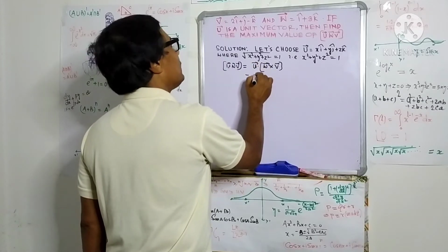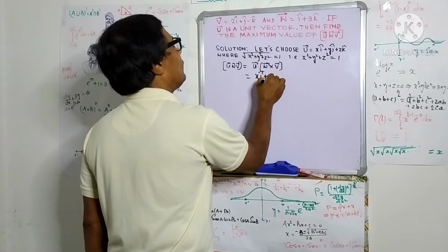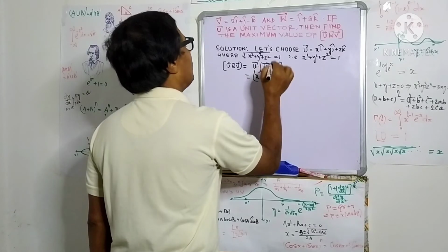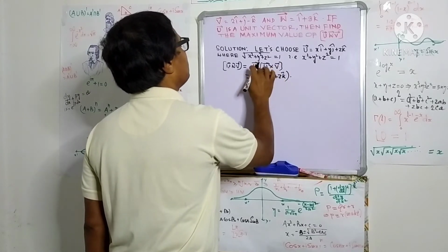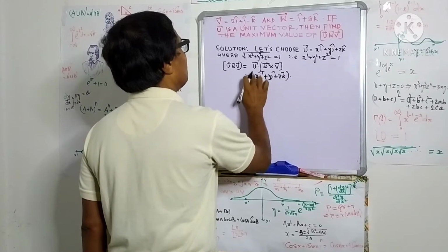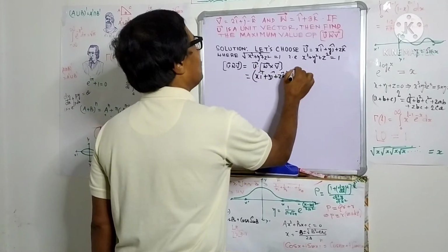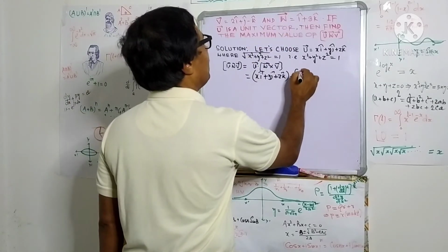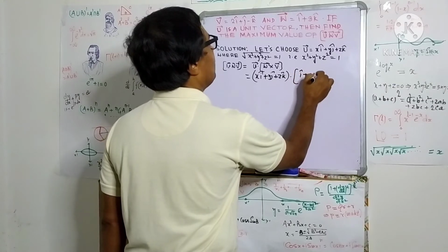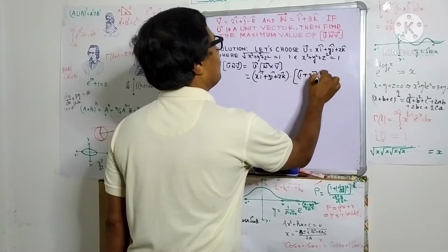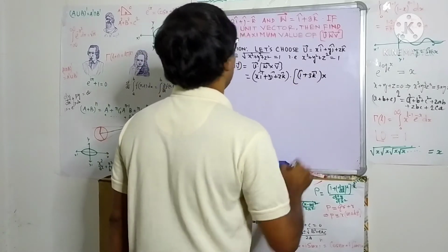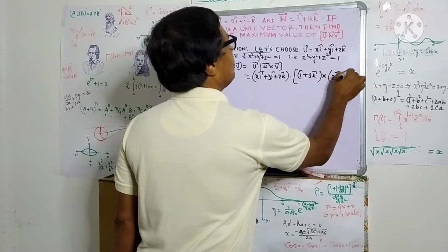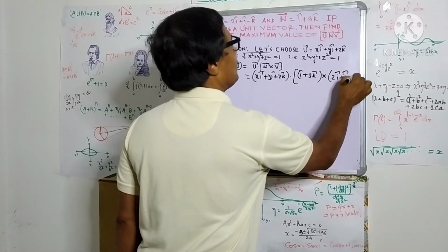We get xi plus yj plus zk dot W, where W equals i cap plus 3k cap, cross V, where V equals 2i cap plus j cap minus k cap.